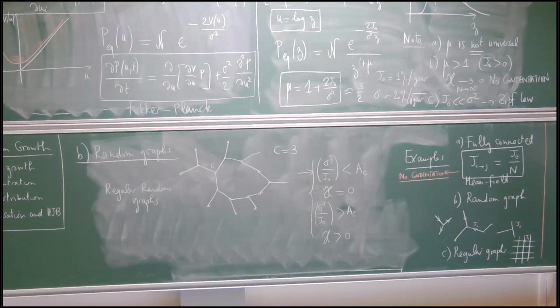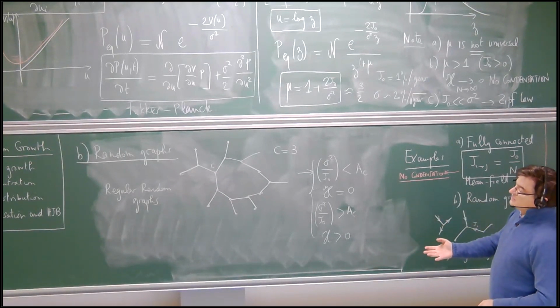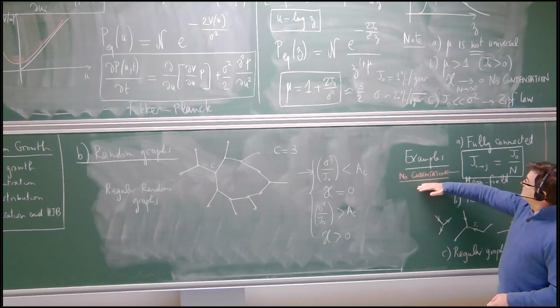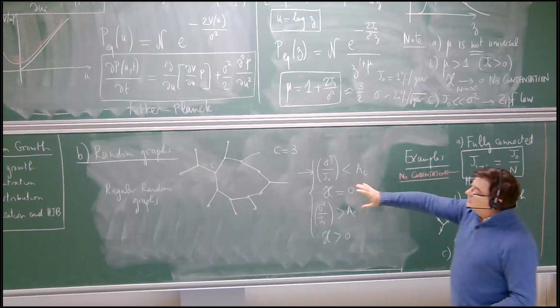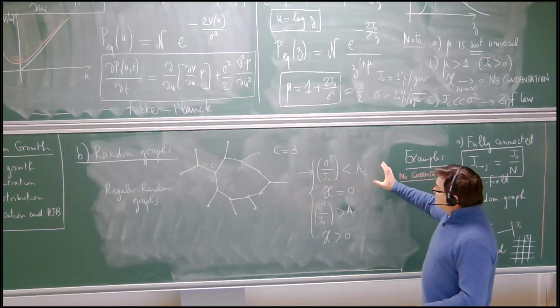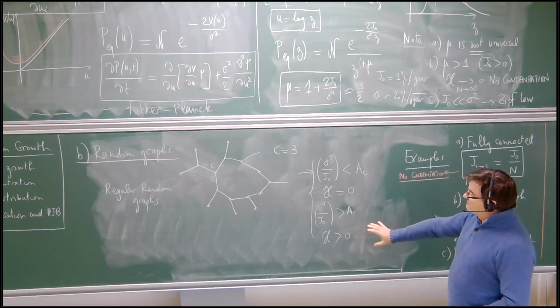So you see, now we have a new type of result, because what I got up to now is either always condensation, that was the case of independent growth, or never condensation, that's the case of the fully connected graph. I can have an intermediate situation where you have sometimes no condensation and sometimes condensation.